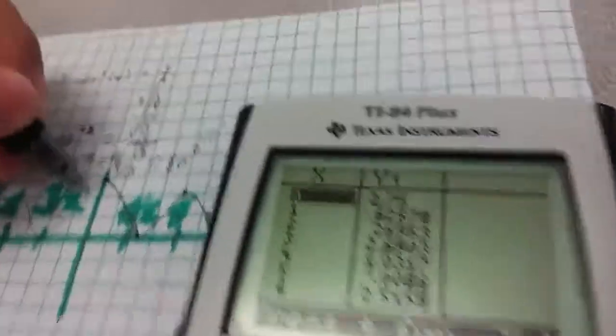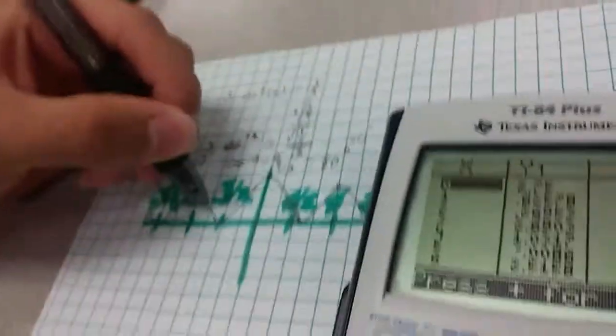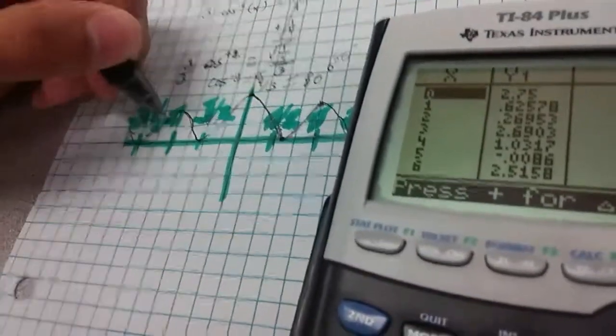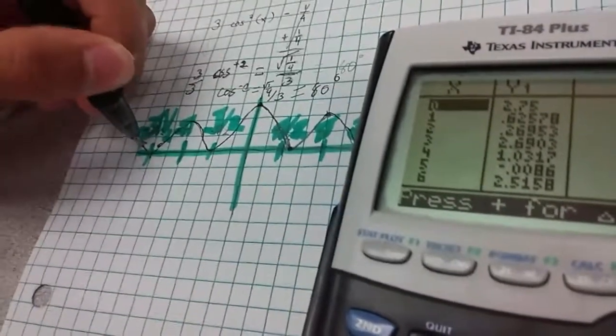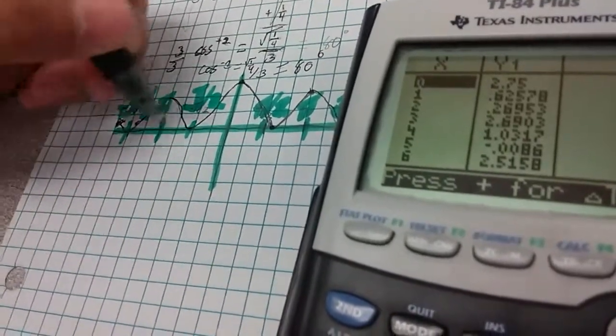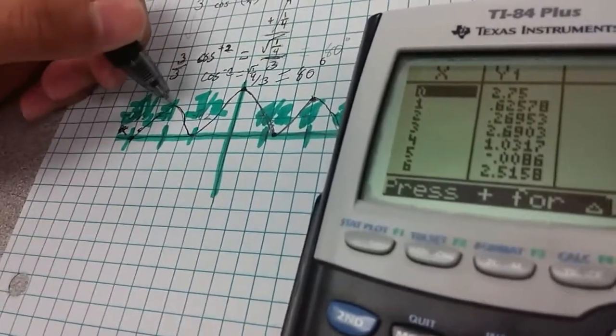Then you have to do it on the opposite side also, which you will get your answer.